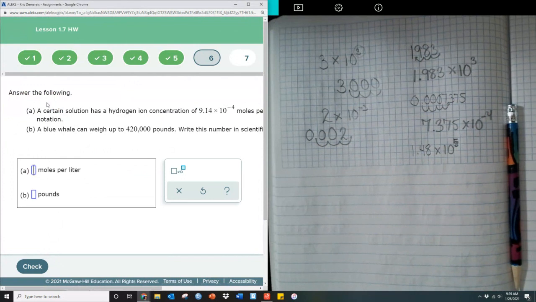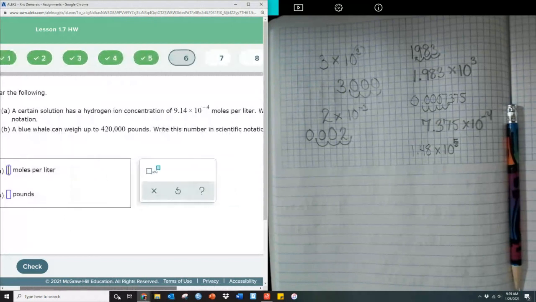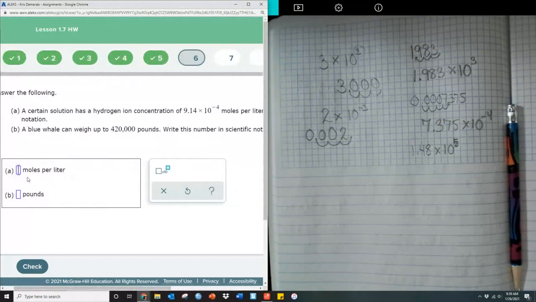That would be bad. All right, now a certain solution has a hydrogen ion concentration of this. And what's the question? Write the number in standard notation. So writing that in standard notation, we'll get those 4 zeros, and then 9, 14.